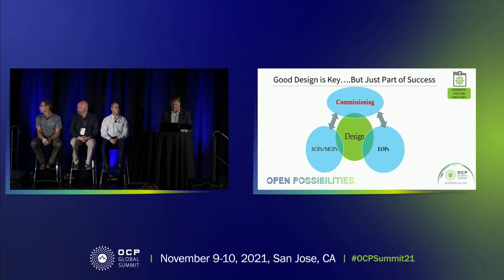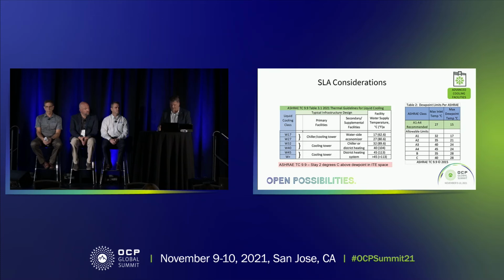Got one more technical slide real quick, and John Gross, this kind of ties into some of the things you said before about you liking ASHRAE. Yeah, so as I mentioned before, I'm part of ASHRAE TC 9.9, and one of my colleagues is here in the audience, and Paul worked with us on this as well.